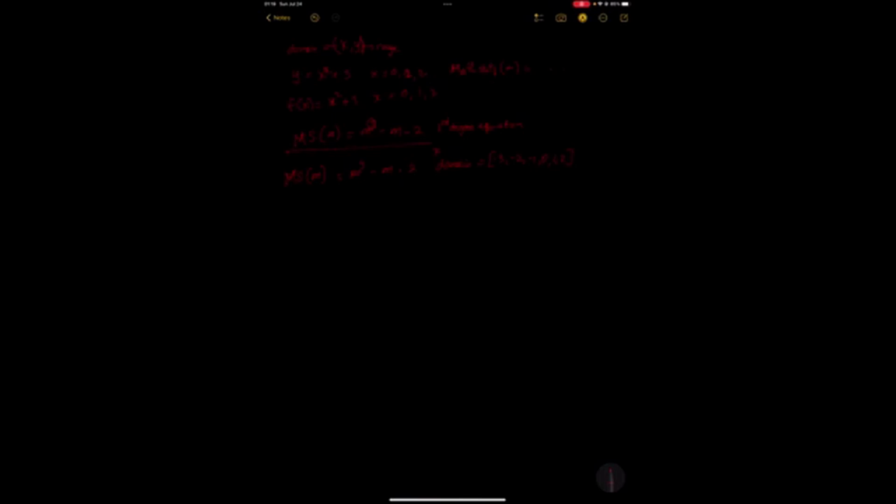So what does that mean? Basically, this means we have a function MS, and we have the input m. We want to find the range of this function when the domain is this. Earlier we had x, and we wanted to find f of x, which is the output. Right here we have the domain, and we want to find the output.